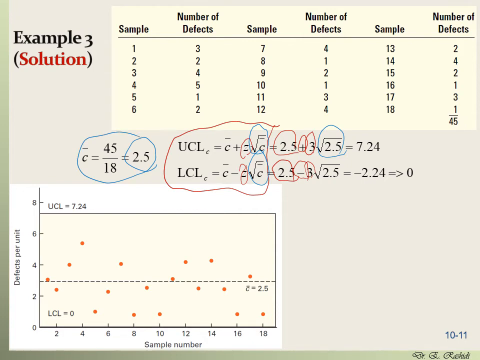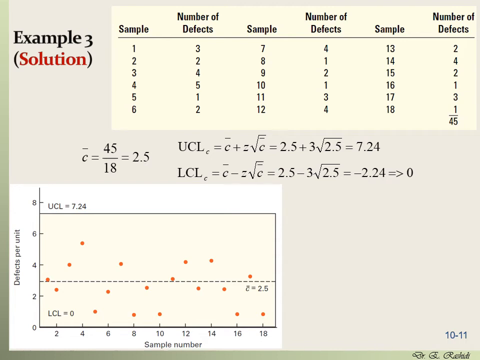If you do that, you're going to get 7.24 for the upper control limit, and you're going to get negative 2.24 for the lower limit. In this scenario you have to round this up to 0 because it doesn't make sense to have a negative number of defects per unit. So the lower limit would be 0 and the upper limit would be 7.24.